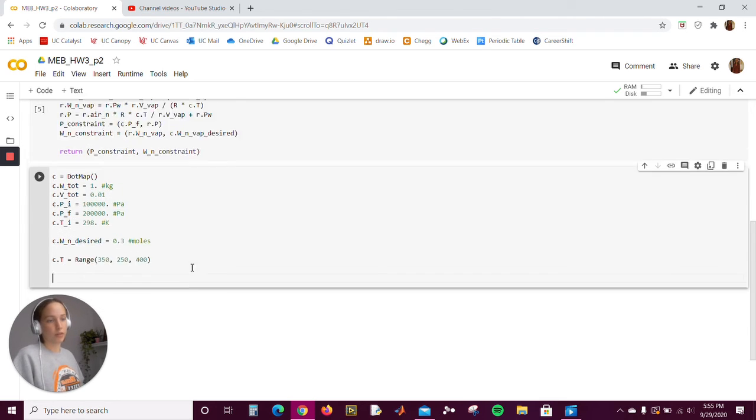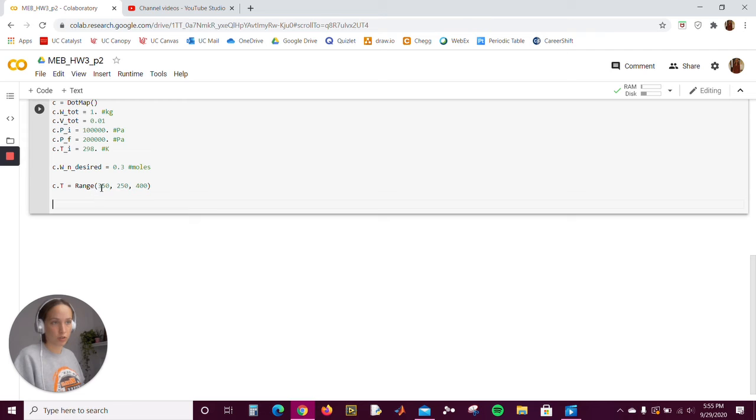So again, in this range, the first part is like an initial guess to start with, because the function that we imported up there that we're going to eventually use is going to minimize this to find what TF final temperature actually is. It's going to do the same thing for total volume. So this is the initial guess, this is the minimum value it could possibly be, and this is the maximum value it could possibly be.